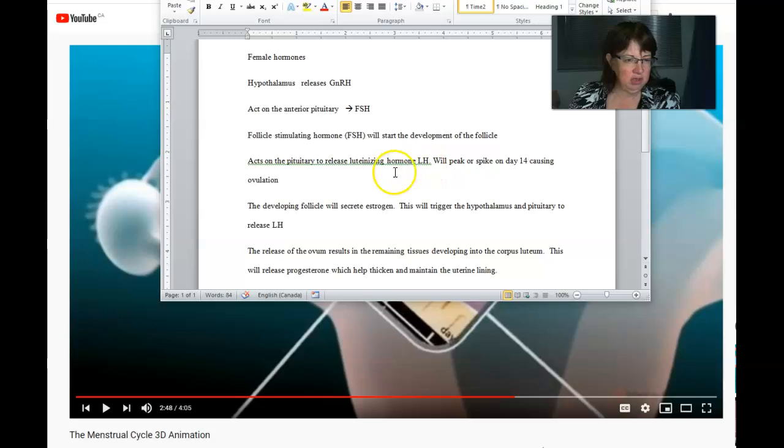Okay, so we also talked about the estrogen being released. The developing follicle secretes estrogen. This triggers it too, right there. Estrogen also helps to start the thickening of the uterine lining.